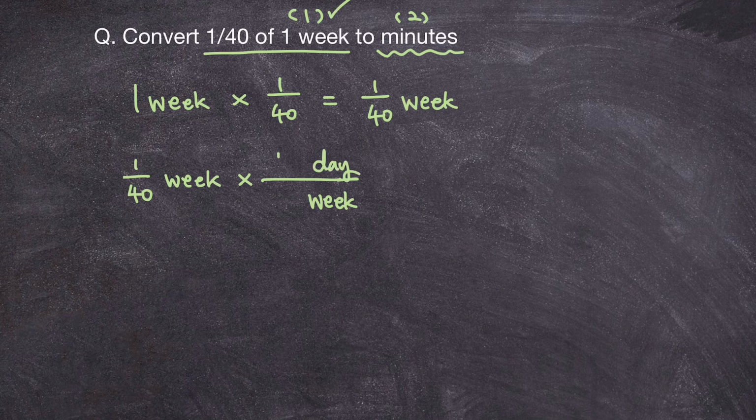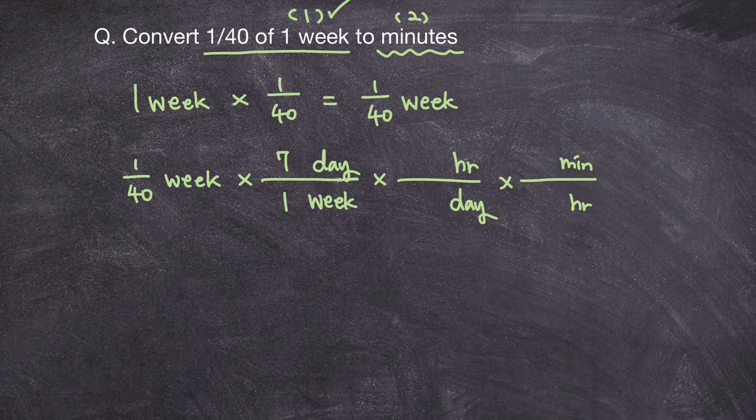I know there are 7 days in 1 week, and then in order to get rid of the unit of day, I'm gonna put in day in the denominator, and in the numerator I'm gonna put in hour, and then from hour I'm gonna go to minutes.